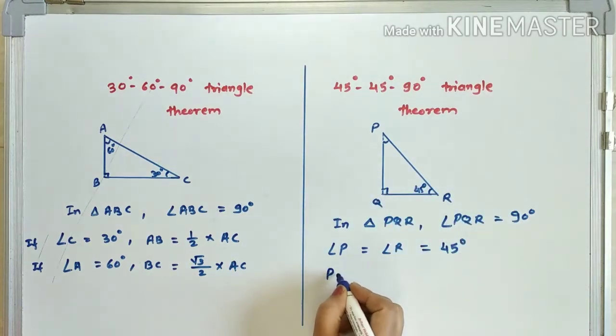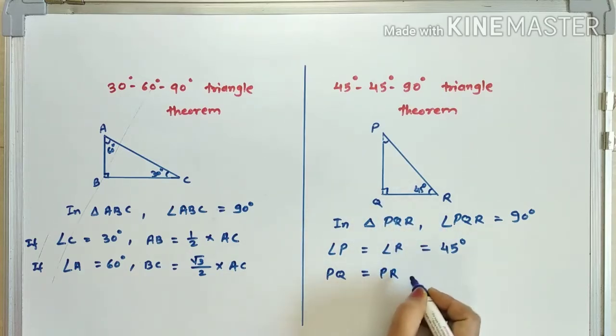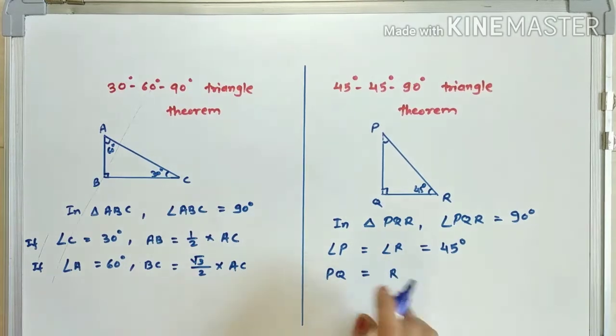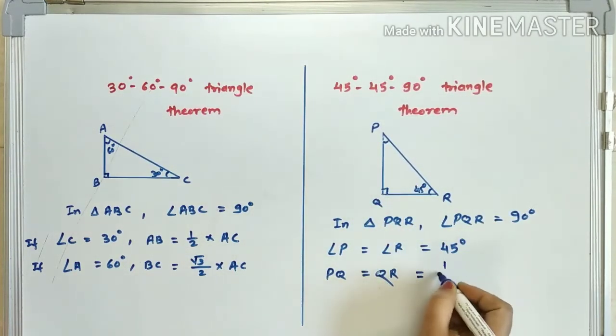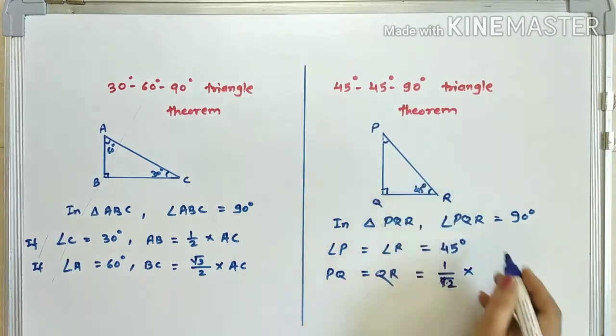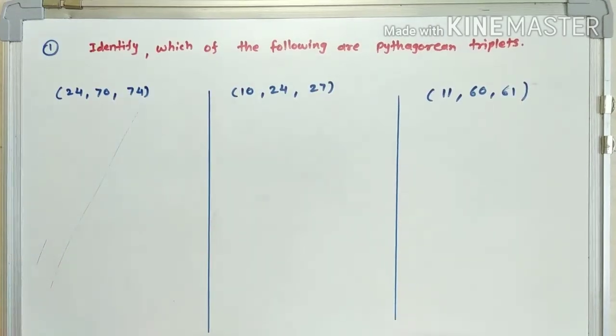So PQ equals QR, and PQ equals QR equals 1 by root 2 of hypotenuse PR. I hope you all understand the theorems.